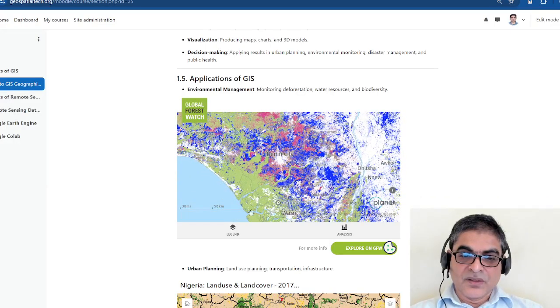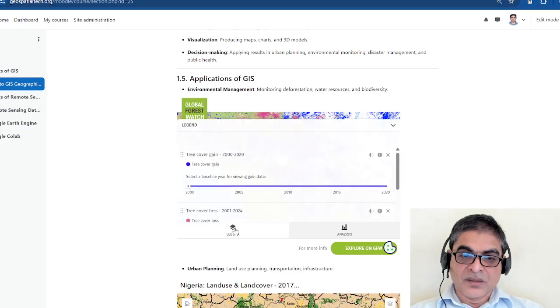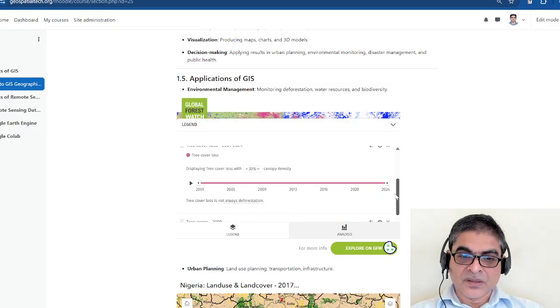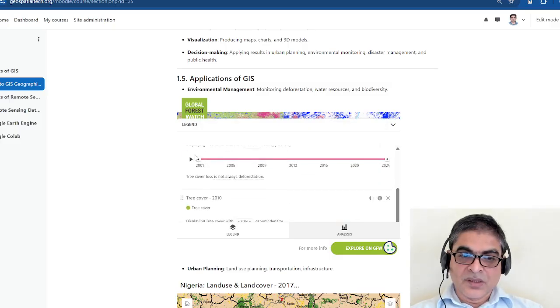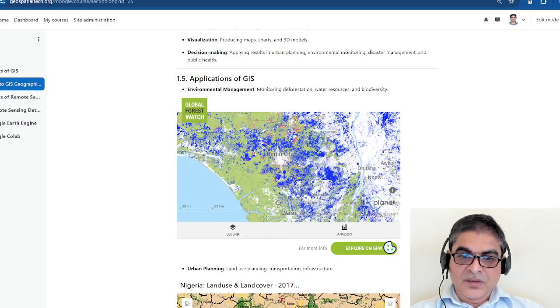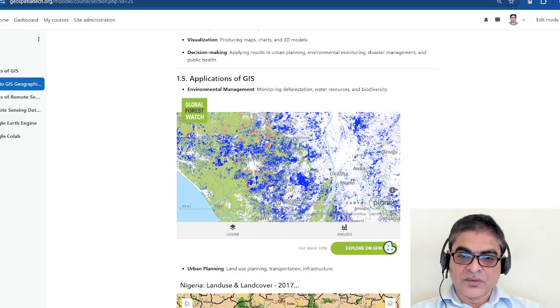So this is the way you can look at where vegetation loss is there, and then you can make some animation also, which will give you a better idea.